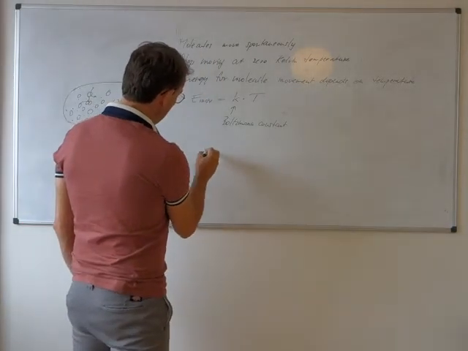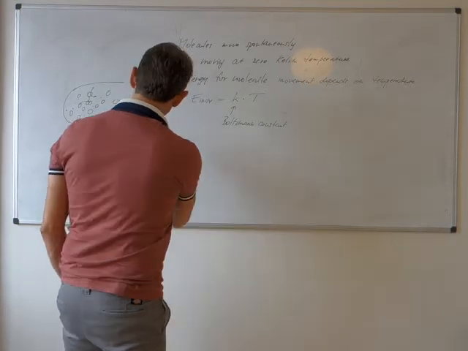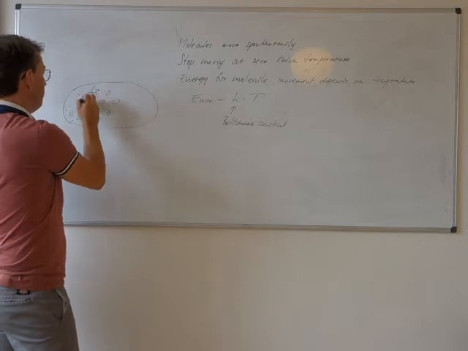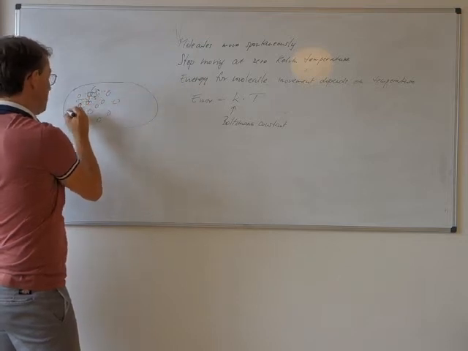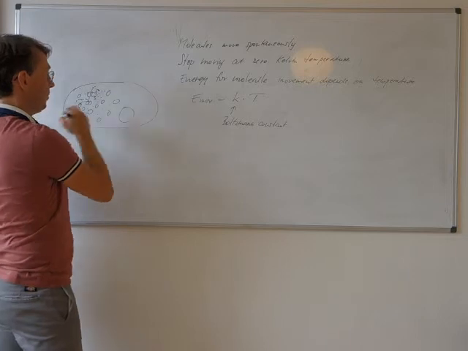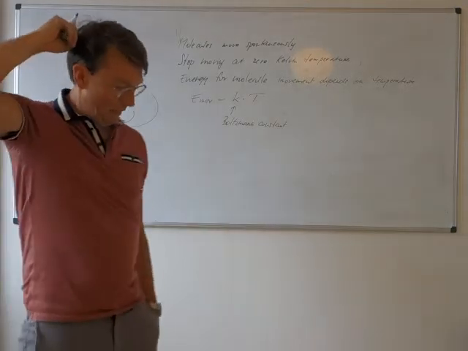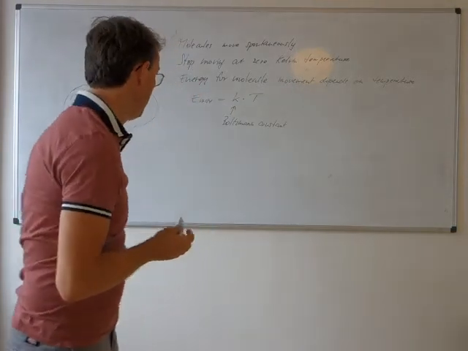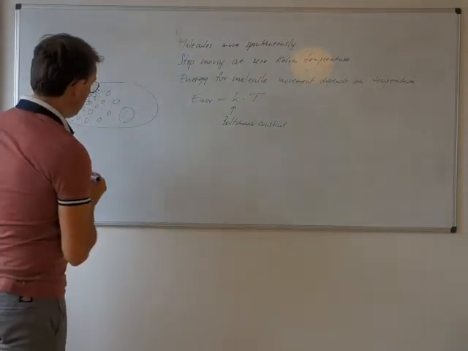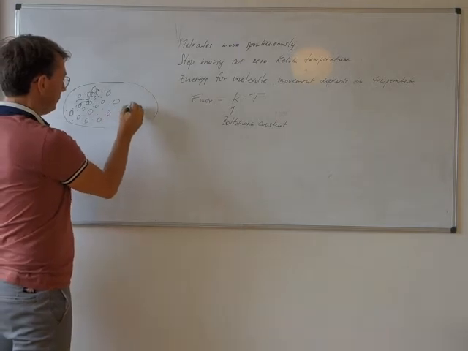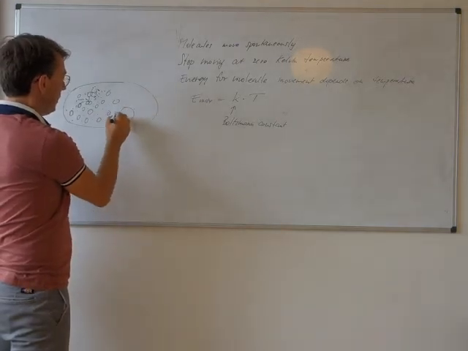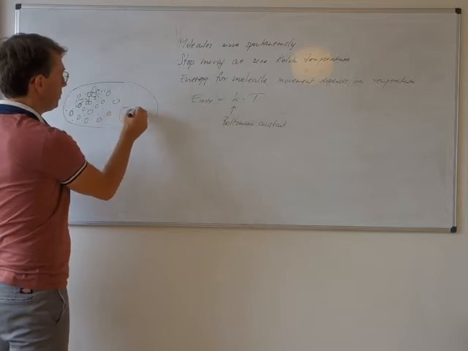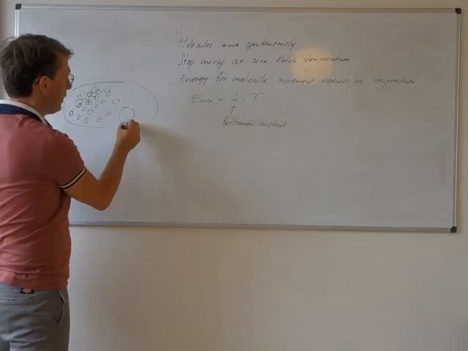Now, let's say I have a cell, and there is water molecules everywhere. And we have proteins, and we have a big protein versus small proteins. Now, the big protein is going to move slower, okay? And the reason is that it experiences more friction with the water molecules that move erratically.